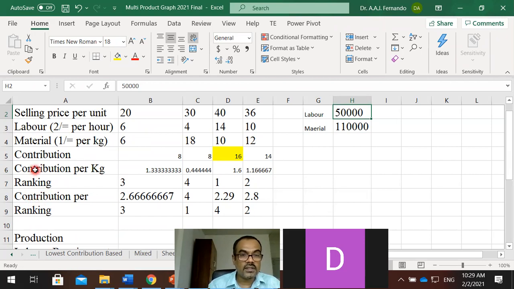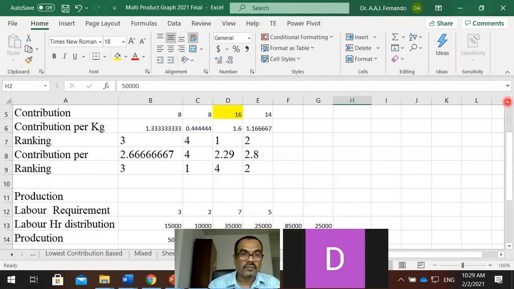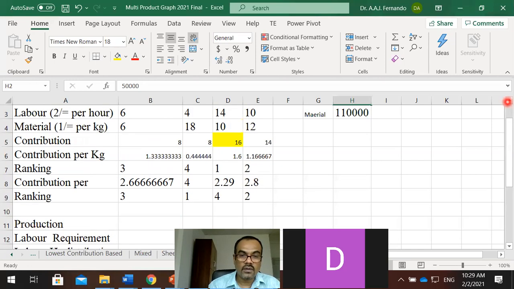Sorry, this is ranking and production mode. Labor requirement for W, X, Y, Z, like this. Here there are three, so the value is 3.